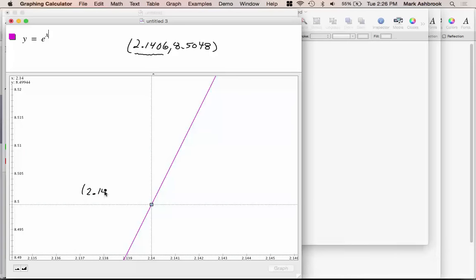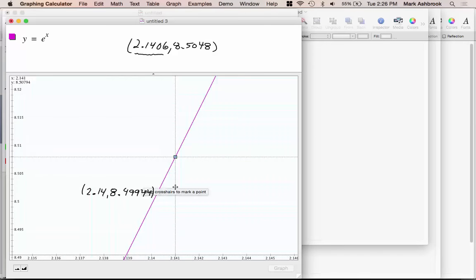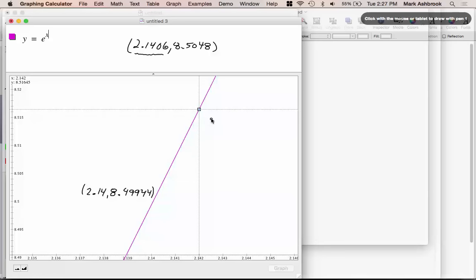At 2.14, the amount is 8.49944. And at 2.142, the amount is 8.51645.